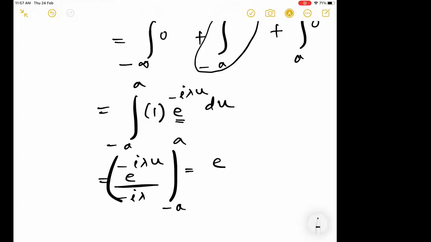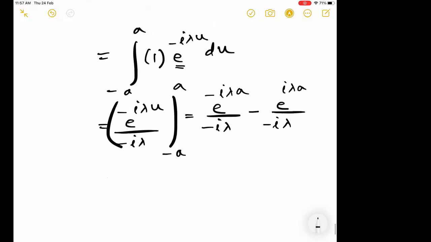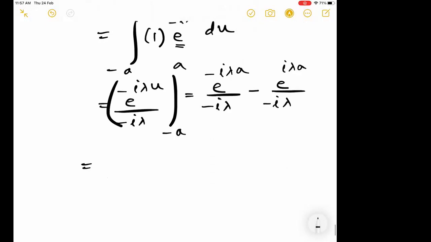So what are you going to get? Minus I lambda a upon minus I lambda, minus, if you put lower limit, e raised to I lambda a upon minus I lambda. That means I can get e raised to I lambda a minus e raised to minus I lambda a upon I lambda.